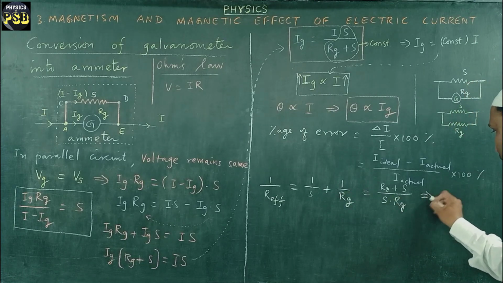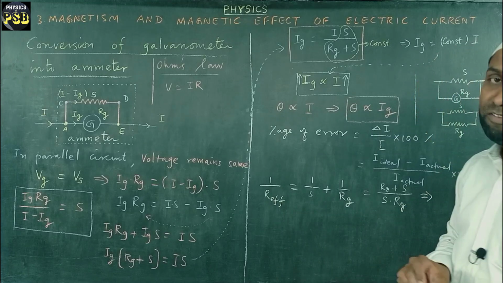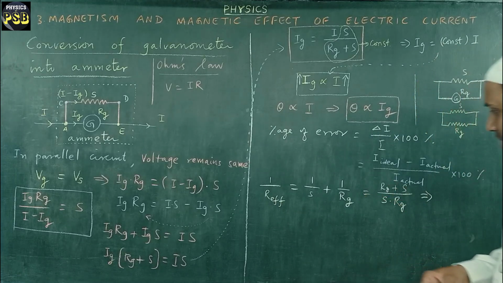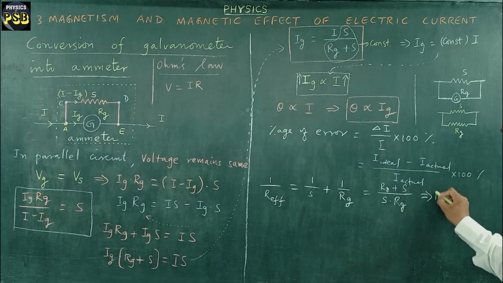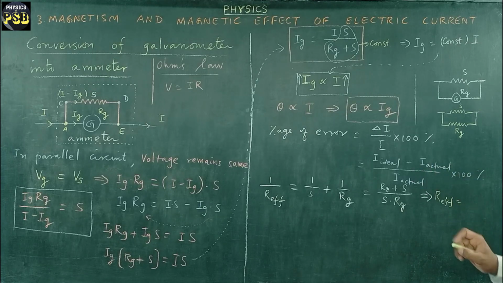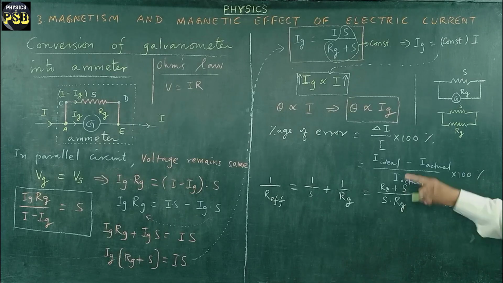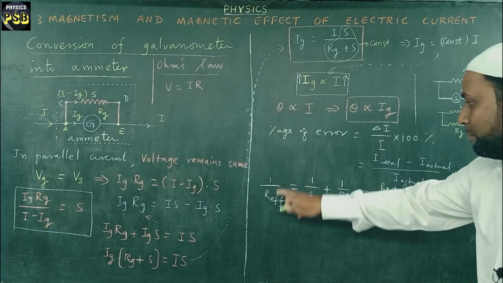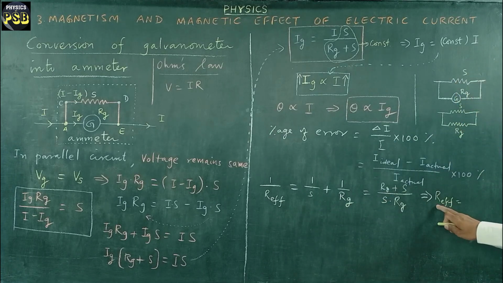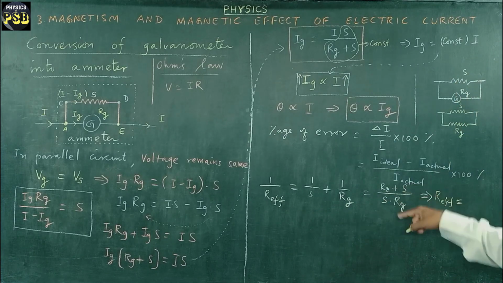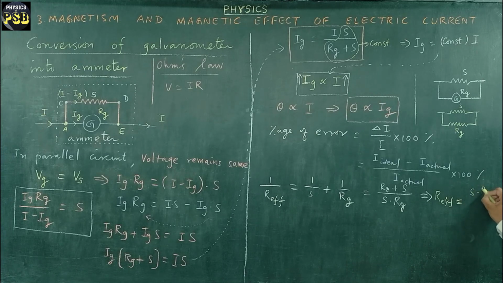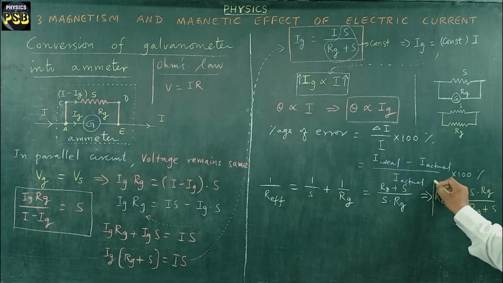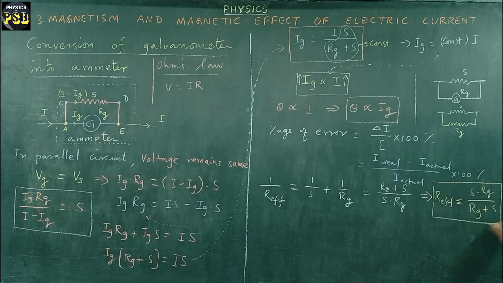Then from this, if you want to get the value of effective resistance, then you will take the reciprocal. So what you will get? The effective resistance will be equal to S multiplied with Rg divided by Rg plus S. This is what we obtain here. Box this. Here, effective resistance, the total resistance actually provides the resistance of the ammeter.